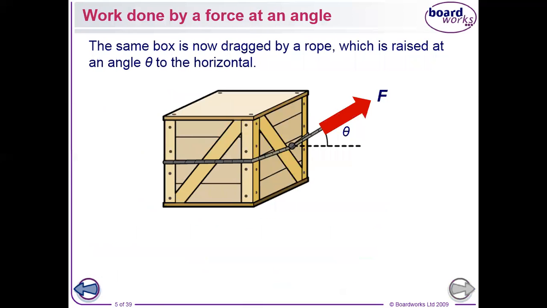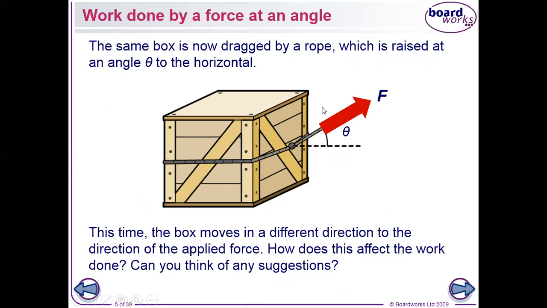If you look at an example whereby the force is acting at an angle, like in this case, the same box is dragged by a rope, which is raised at an angle theta to the horizontal. You can see that this force here is acting at a certain angle to the horizontal. This time, the box moves in different directions because this force is at an angle.